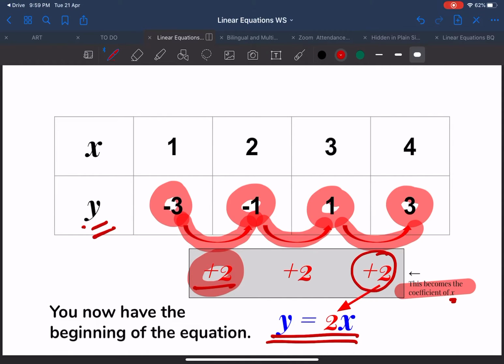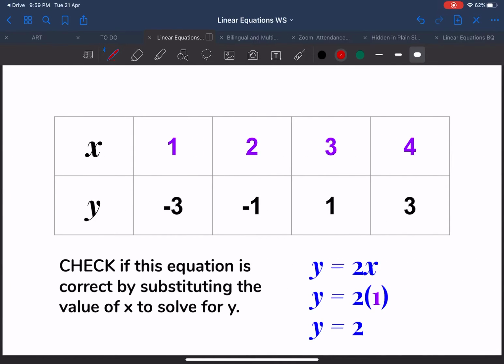Now, let's see if the equation is correct. And how do we do that? We check by substitution. So let's start with our equation. Y is equal to 2x. Let's substitute. What is x? X is 1.